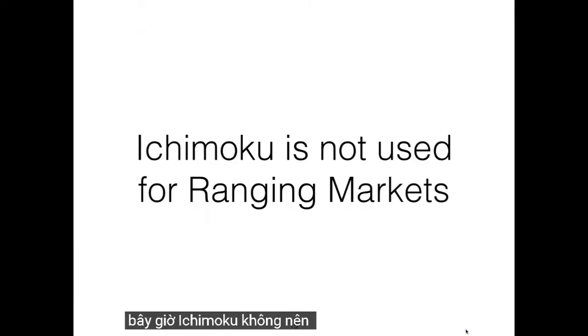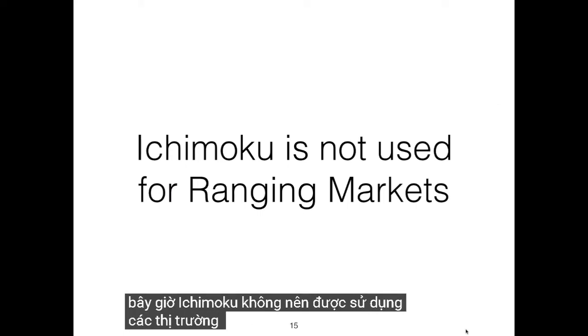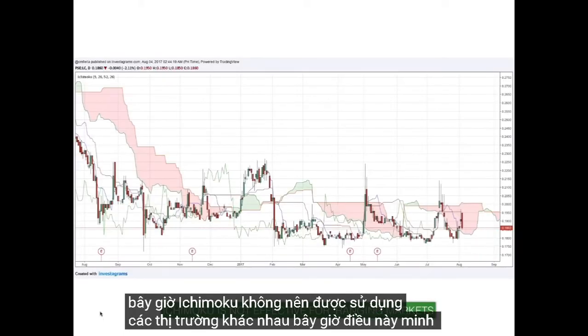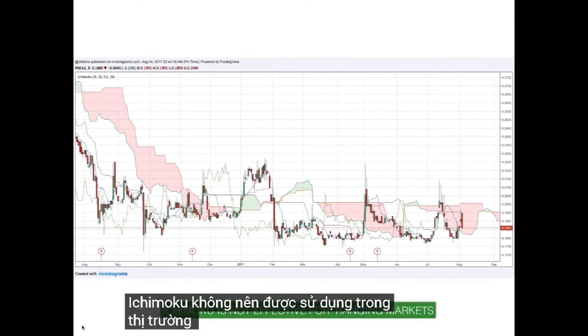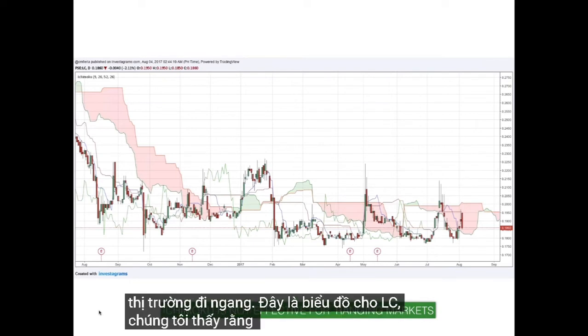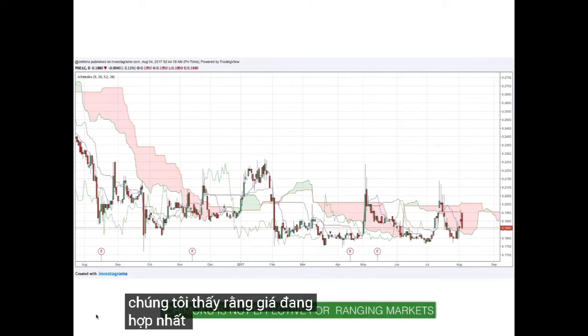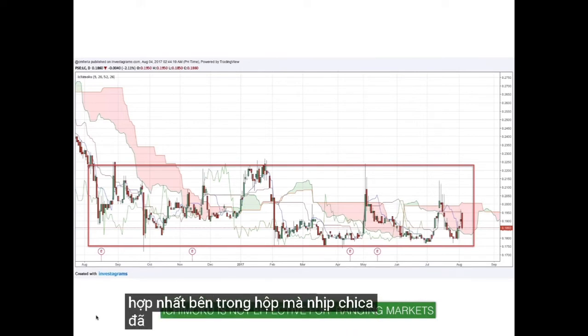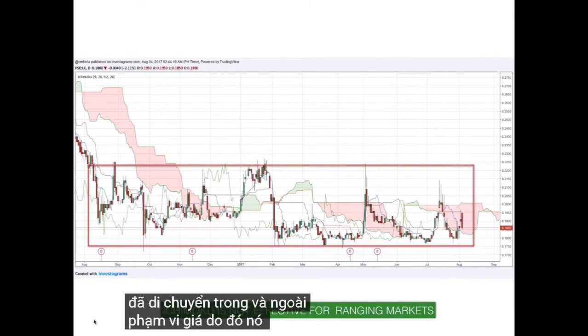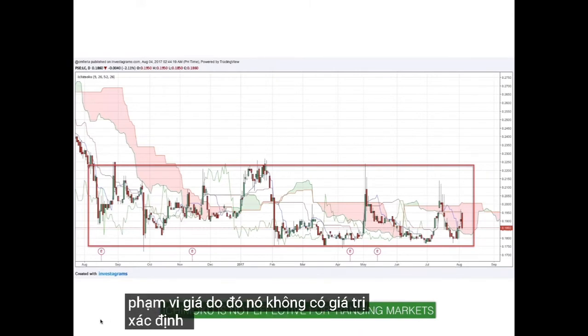Now, Ichimoku should not be used for ranging markets. This illustrates why Ichimoku should not be used in a sideways market. This is the chart for LC. We find that the prices are consolidating inside the box. The Chikou span had been moving in and out of price ranges, therefore it did not have a definite breakout.